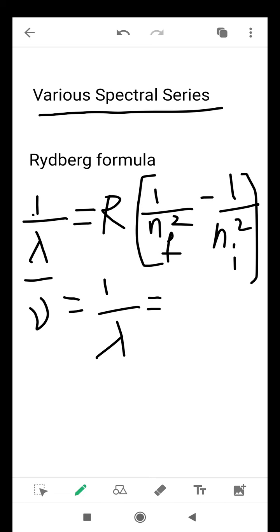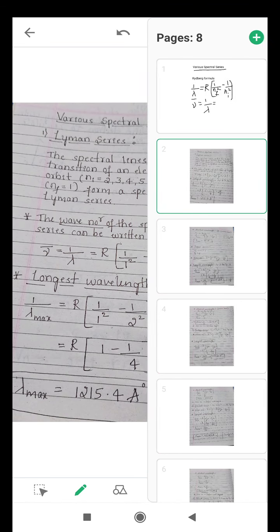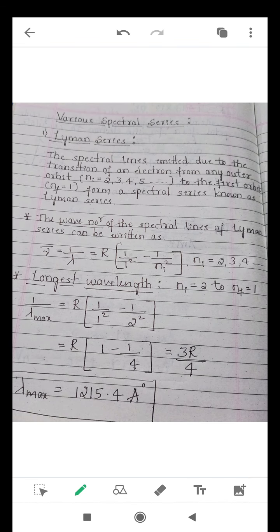Now let us study the first one, the Lyman series. In the case of the Lyman series, what happens? The spectral lines emitted due to the transition of an electron from any outer orbit to its first orbit are named the Lyman series.